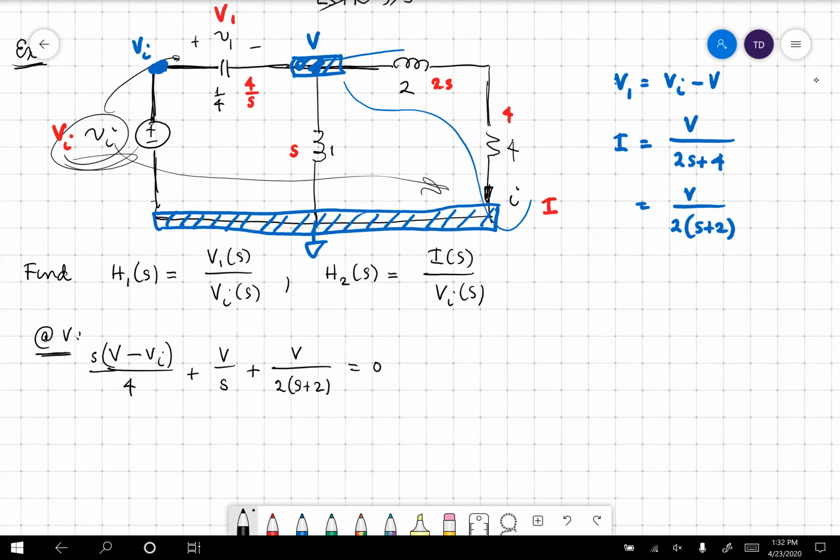Sum those up, they're equal to 0. Common denominator. Common denominator is 4S, S plus 2. We'll multiply by that.